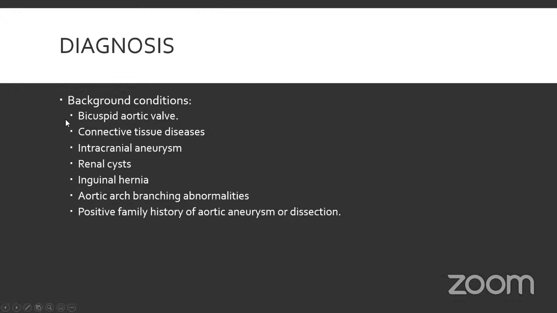These conditions, some of which we've talked about, are bicuspid aortic valve, connective tissue disease, and intracranial aneurysms, which have been associated with aortic aneurysm, as well as renal cyst and inguinal hernia, and some of the aortic arch branching abnormalities, such as bovine aortic arch and whatnot. But family history clearly is a strong predictor of the possibility of having an aortic aneurysm.